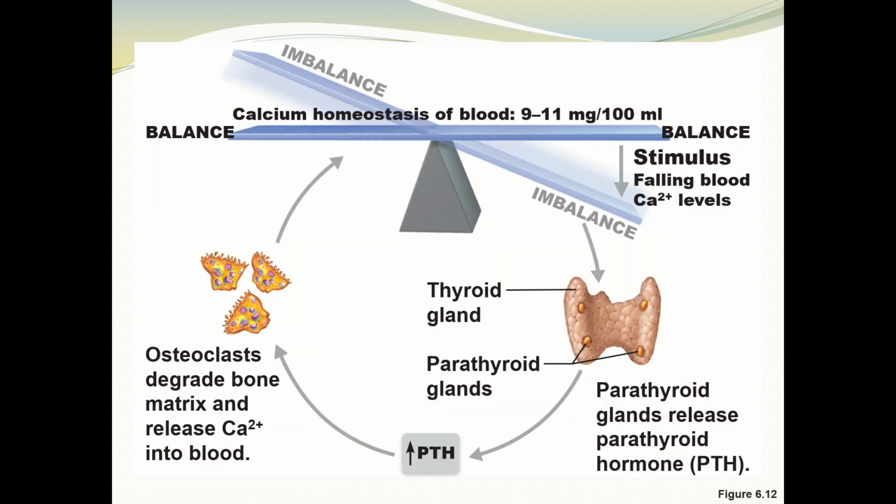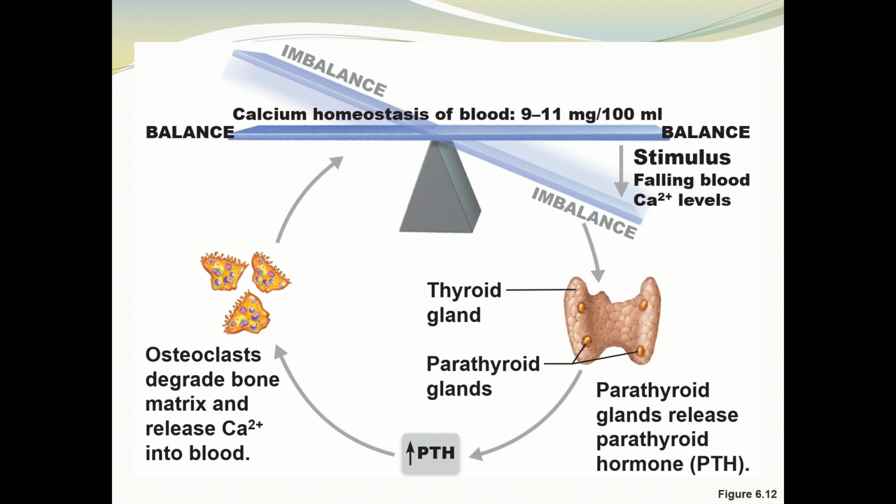And so here's that homeostasis regulation point, the set point as we call it. And the range is 9 to 11 milligrams per 100 milliliters of blood. And you'll see this sometimes as like 8.9 to 11.1, sometimes the book will get real specific about it. But this figure is just 9 to 11 milligrams per 100 mils.